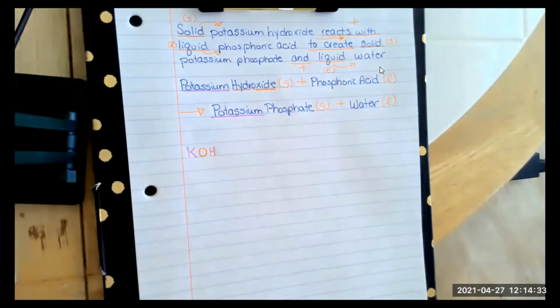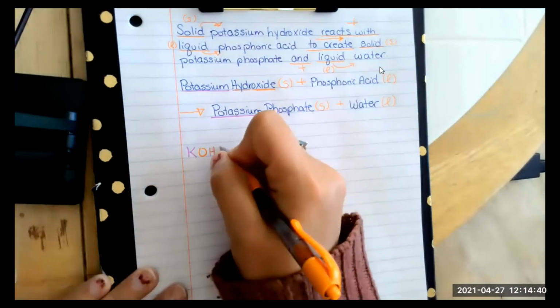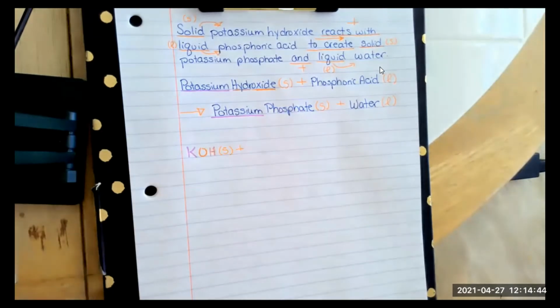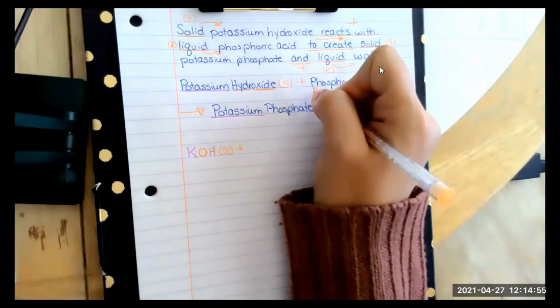And don't forget, you still have to do your symbols in your color. So I'm going to do s. Then we have phosphoric acid, which is hydrogen. So you have to pull that orange color out for hydrogen over here.